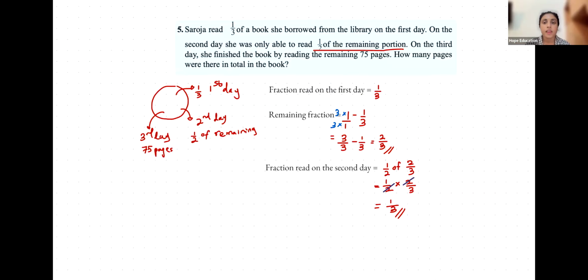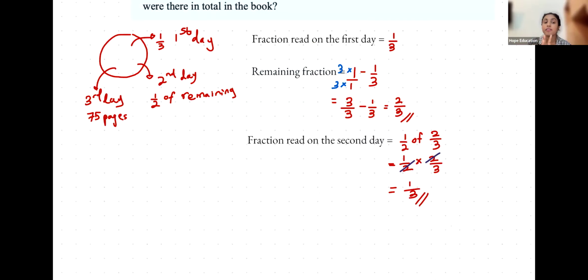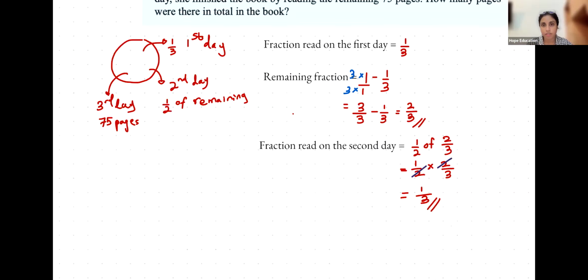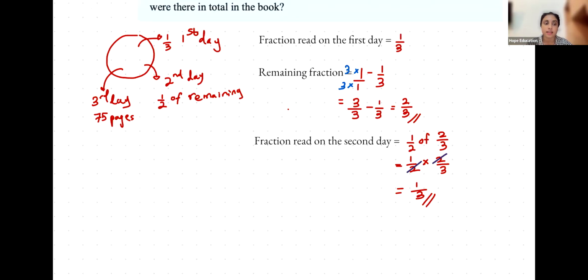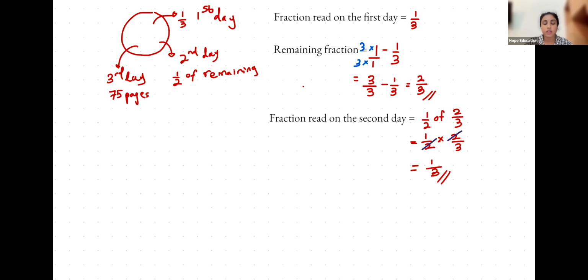Okay. Now we have to find the fraction read on the third day. We only know the number of pages, so we have to find the fraction. First of all, I have to add the fraction read on the first day and the second day. Let's see. Total fraction read on first and second day.